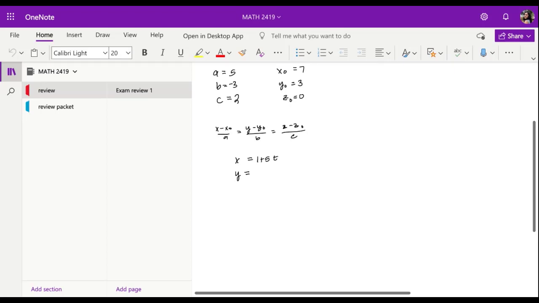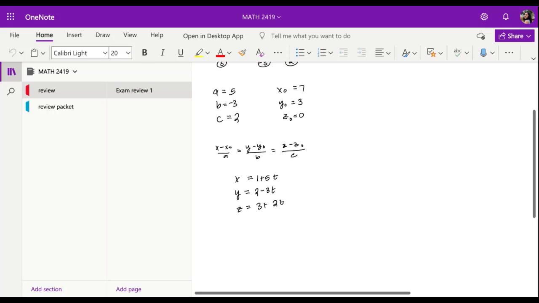We have 2 minus 3t. And then for z, we should have 3 plus 2t. Does that make sense to everyone? Okay. So we'll move on to the next question.